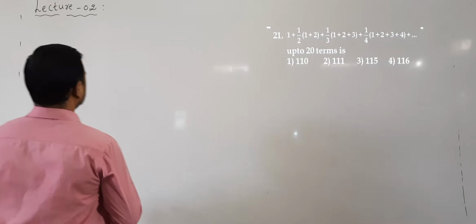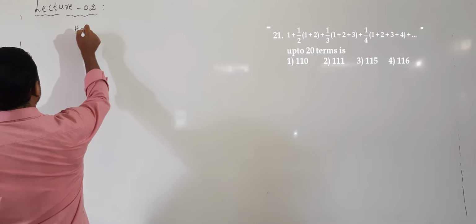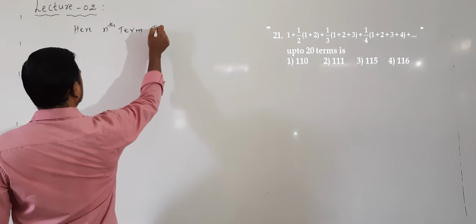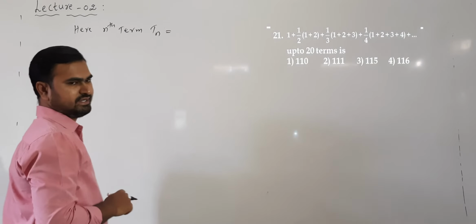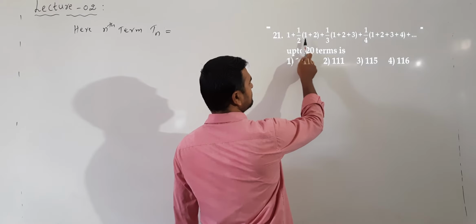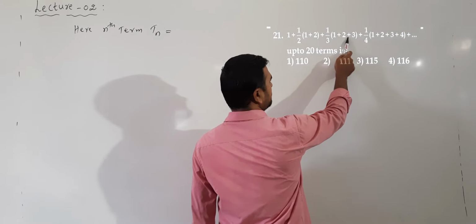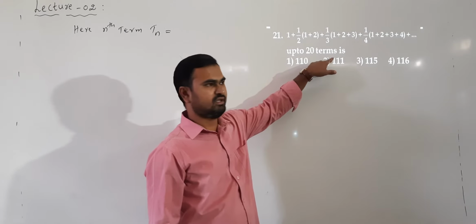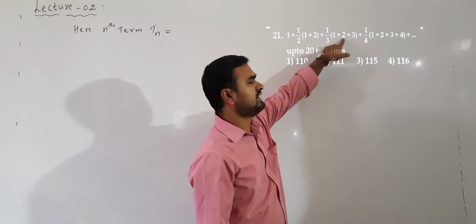Let us find the nth term Tn. The second term is 1 by 2 into 1 plus 2. The third term is 1 by 3 into 1 plus 2 plus 3. So the nth term will be 1 by n into the sum up to n numbers.